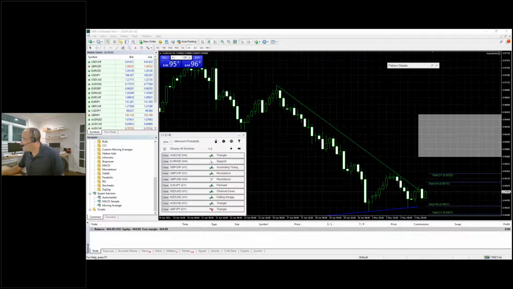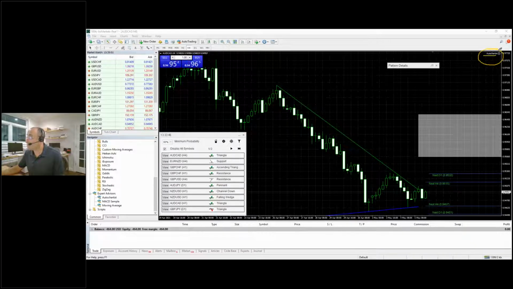Okay, so Rad is also asking, why is there no smiling face on the upper right corner of the chart? Rad is talking about that little guy over here. Why is he not smiling? So Rad, this little man is not smiling because he has nothing to do with Autochartist. This is MetaTrader telling you that you're running an expert advisor called Autochartist.